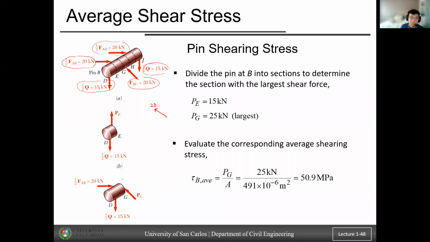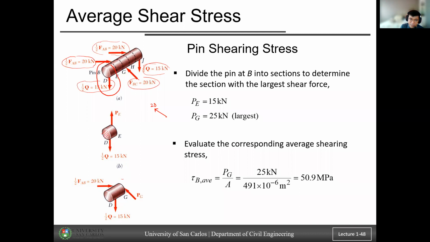So daghang kay forces nga mo come into play, diba? So medyo maglibog ta kung sa atong gamiton jud. So kani siya at joint E. So we have only the 15 kilonewton force, diba? If you separate this portion here, mura na siya ang mo-govern sa inyohang shear stress diha.